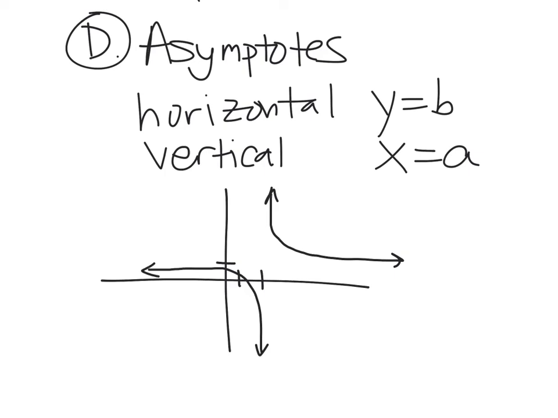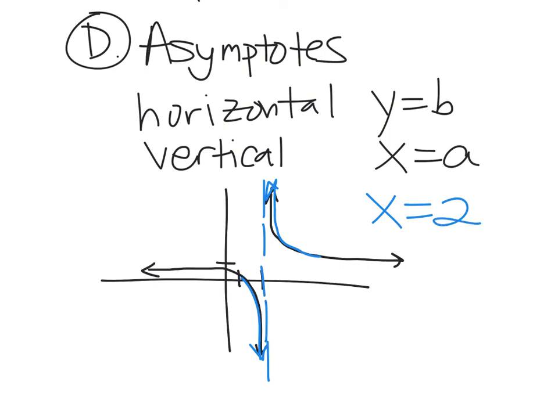The asymptotes are not going to be like lines on your graph. They're actually things you can't see, so it's kind of tough to find out what an asymptote is. For this one, right through x equals 2, as y goes to infinity or y goes to negative infinity, you get a vertical asymptote of x equals 2.